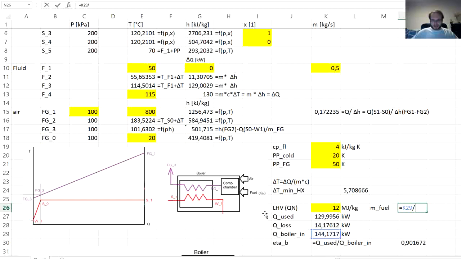And now we can divide the heat by 1000 so that we get megajoules. So megawatts divided by megajoules per kilo, and we get kilograms per second. So 0.012 kilograms per second of the fuel.